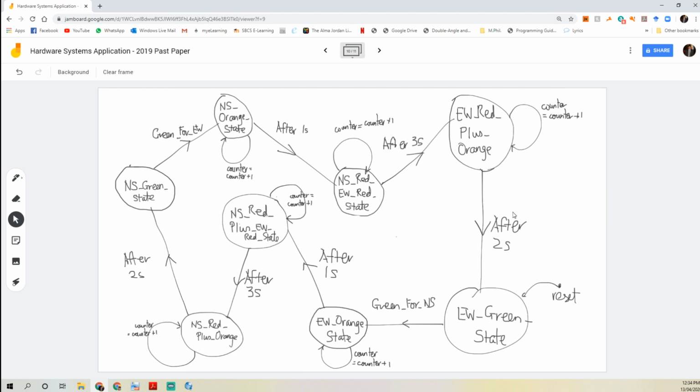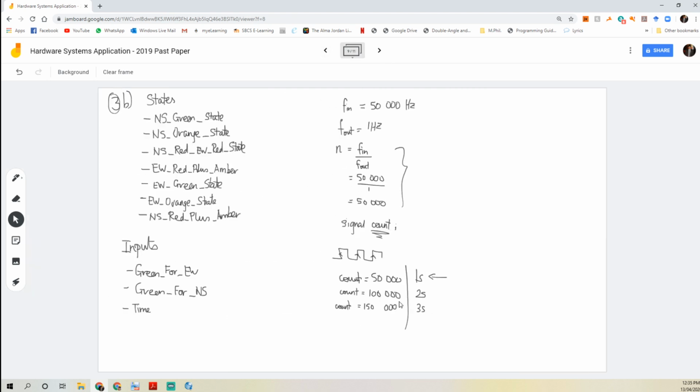And then I have to determine if 2 more seconds have passed, that's an additional 100,000 clock cycles. So my counter, I'm going to be looking at it in different phases of 50,000, 150,000, and 100,000 respectively. So the total value of my counter is going to count up to 300,000.